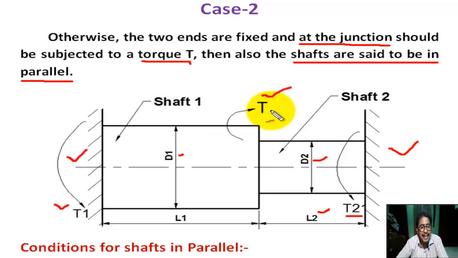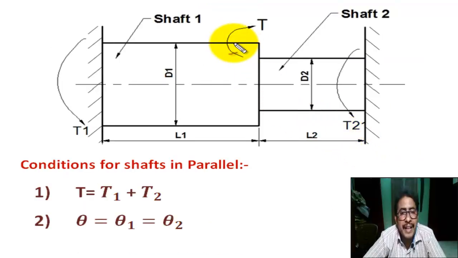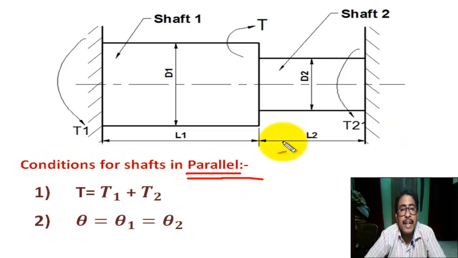T is the applied torque, T1 and T2 are reactive torques. For the second case, the conditions are the same as previous.